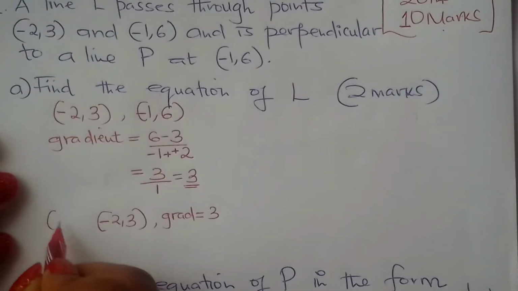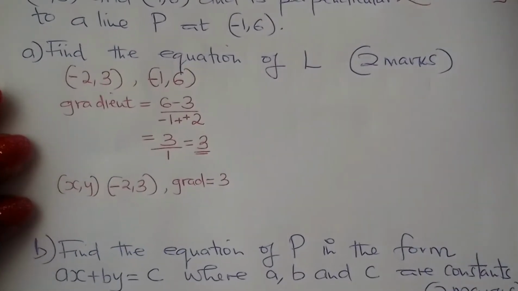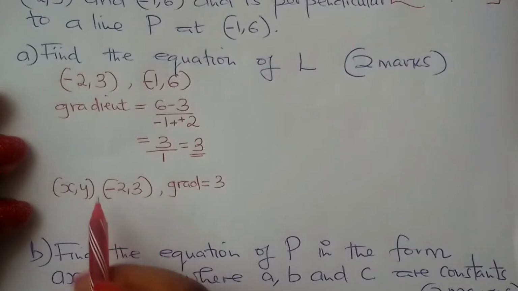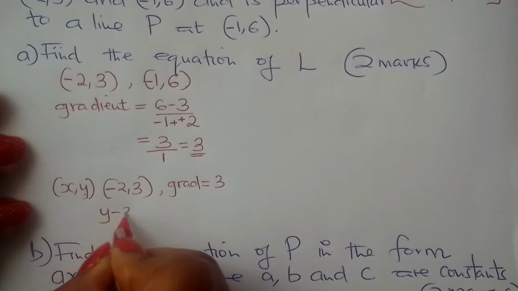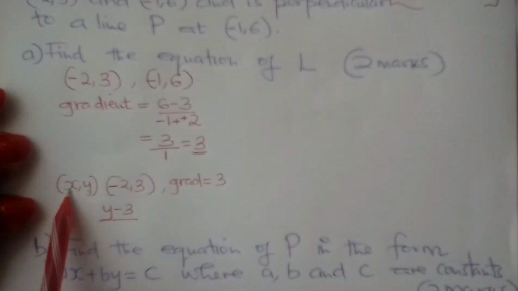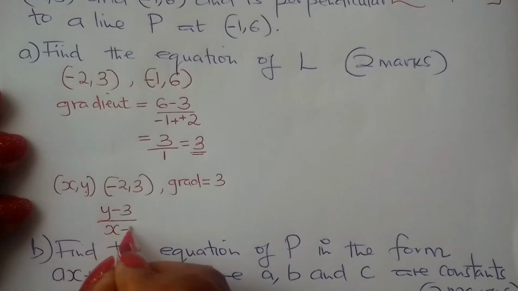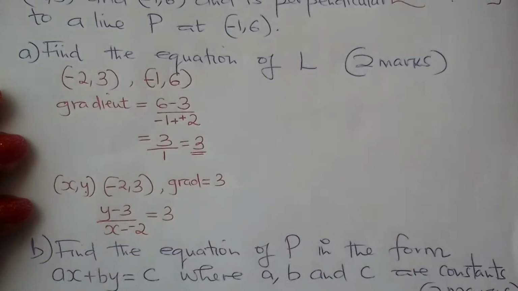Then you introduce a point x, y. How do you find the equation of this line? Change in y, so y minus 3 over change in x, x minus -2, should give you this gradient here.